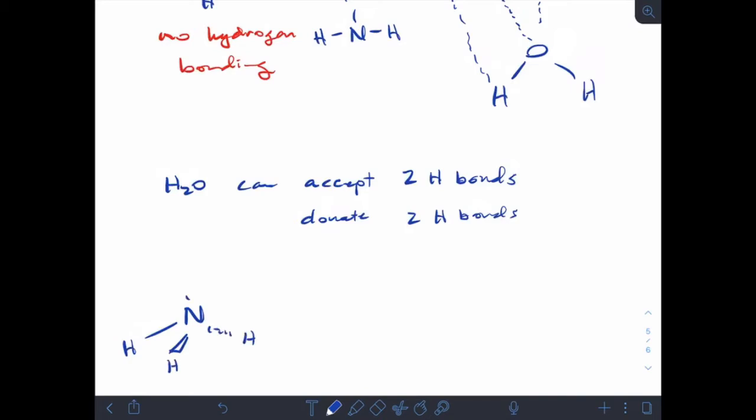If I look at something like ammonia in a more three-dimensional version, ammonia can accept 1 and donate 3. So because it can only accept 1, it's not as strong.